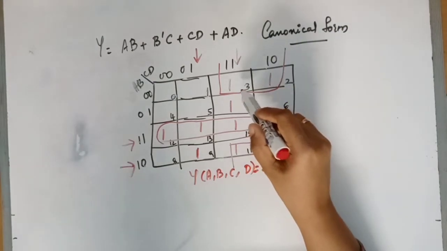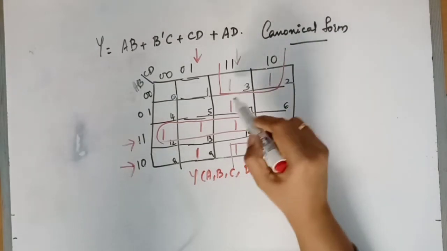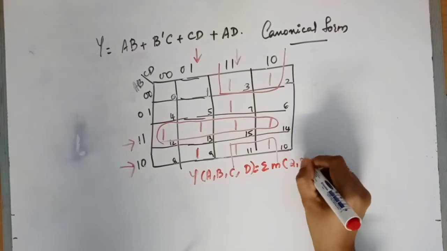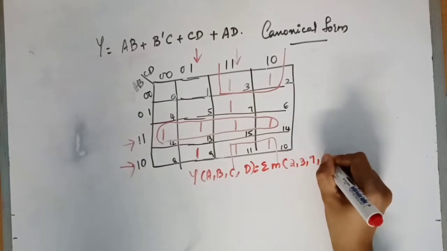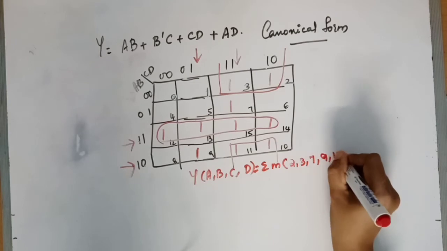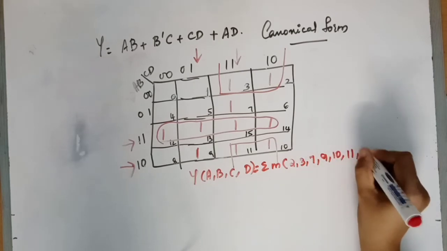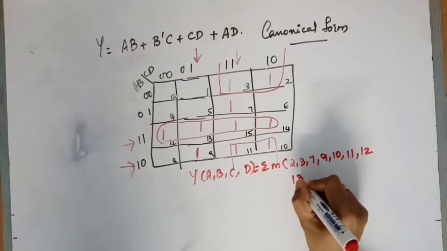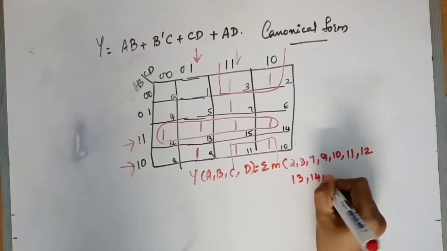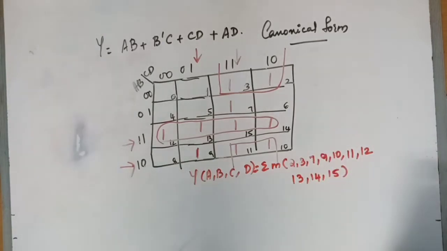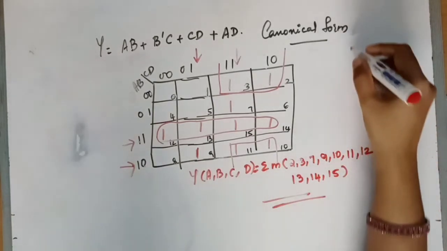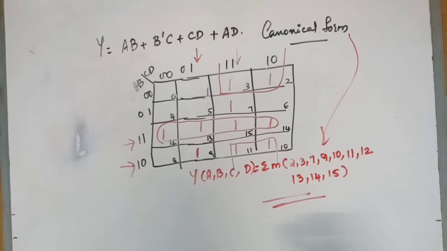Wherever you have a 1, we write those numbers: 2, 3, 7, 9, 10, 11, 12, 13, 14, 15. So this is your canonical form. This is how you write the canonical form.